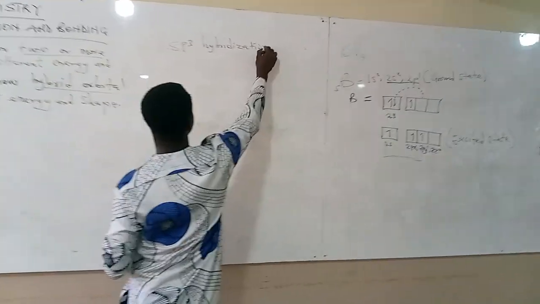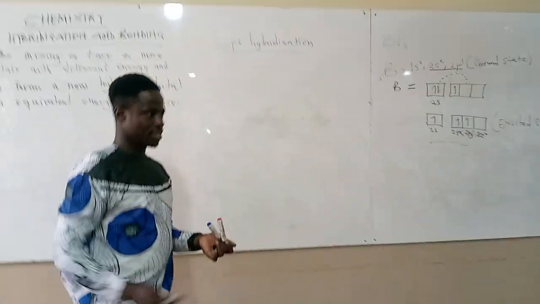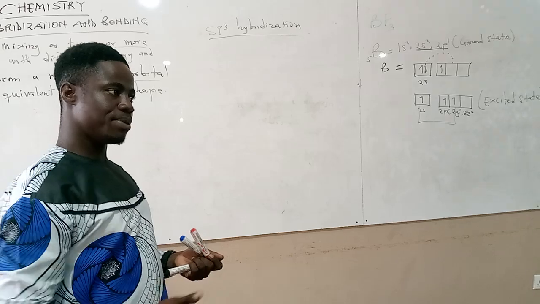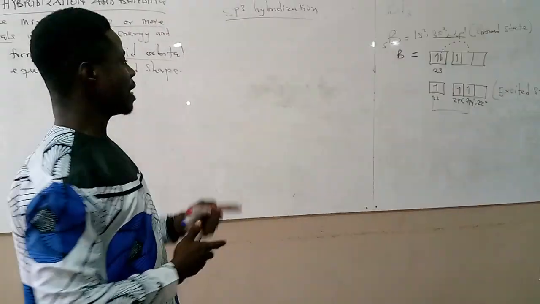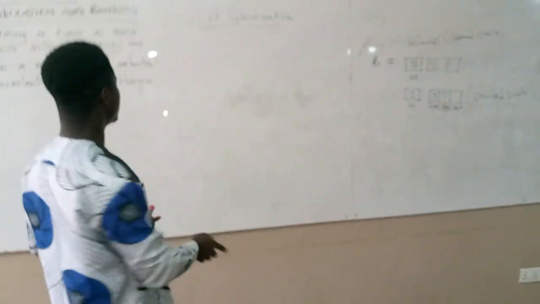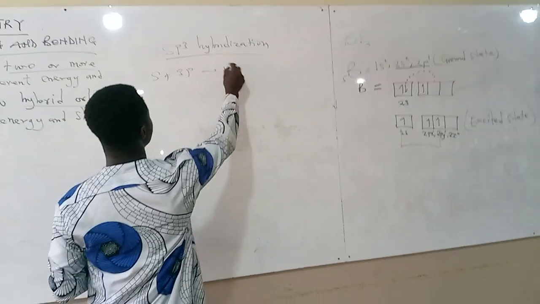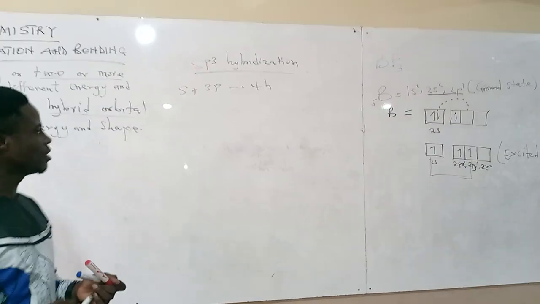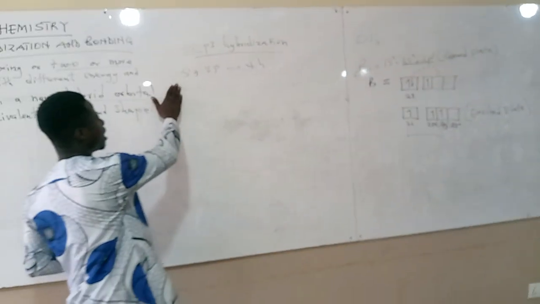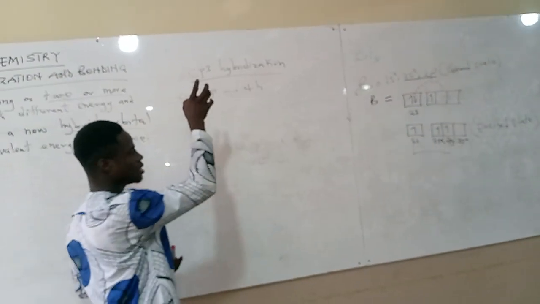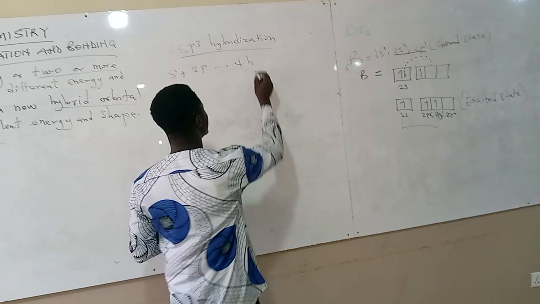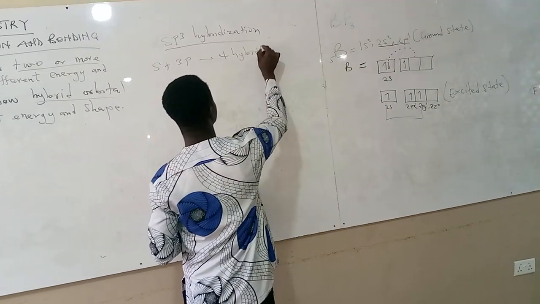I will not waste time on this. I will just explain some few concepts, just like we have done for sp2. When you say sp3, it is the mixing of an s orbital with 3 p orbitals to form 4 hybrid orbitals. So when you mix an s orbital with 3 of the p orbitals, how many hybrid orbitals are formed? 4 hybrid orbitals are formed.